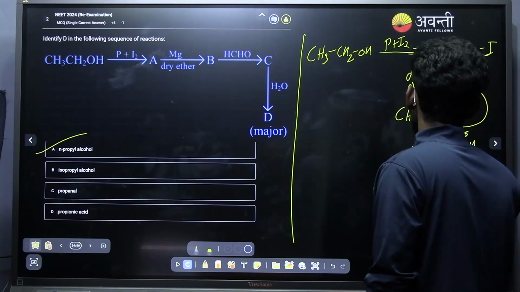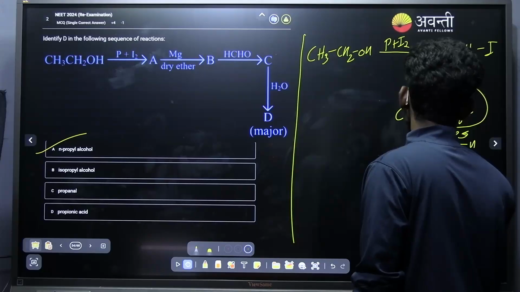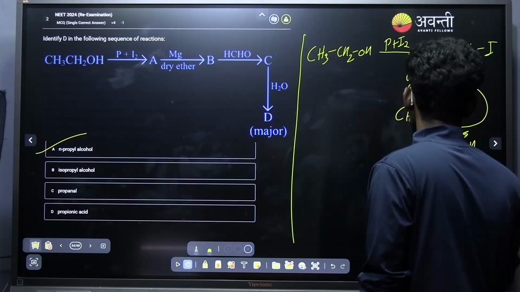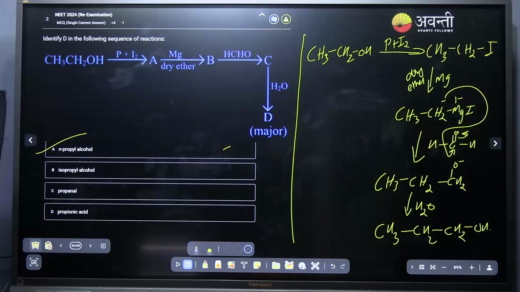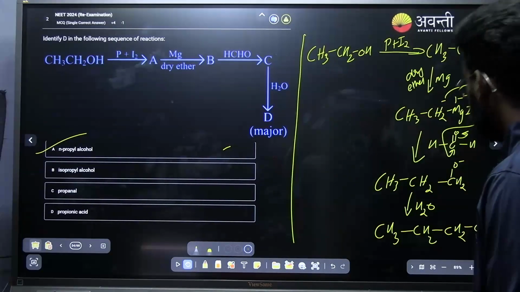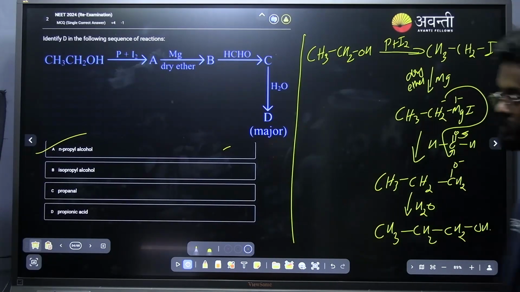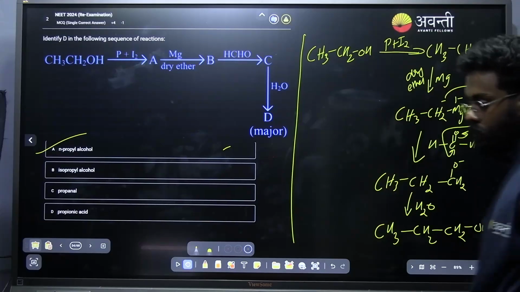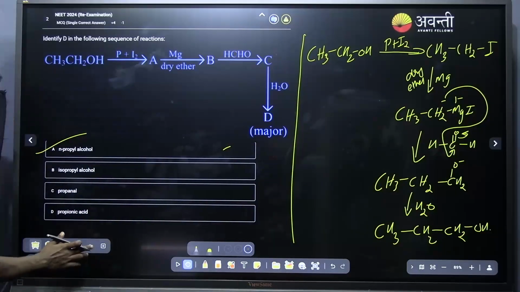And this one on adding water, I will be getting n-propyl alcohol. Yes, very good, it's correct. Go through the complete reaction and get an understanding. Can I move to the next question? Yes, moving to the next question.